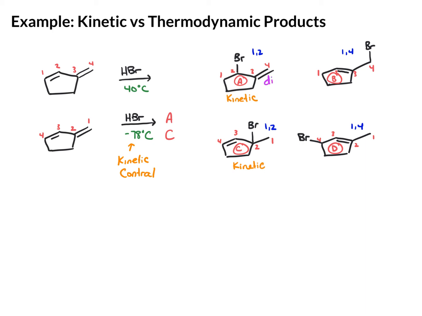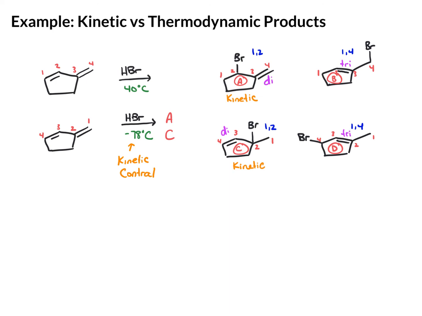That's a di-substituted double bond. In product B, the double bond has 3 carbon groups. That's tri-substituted. In C, it's di-substituted. And in D, it's tri-substituted.